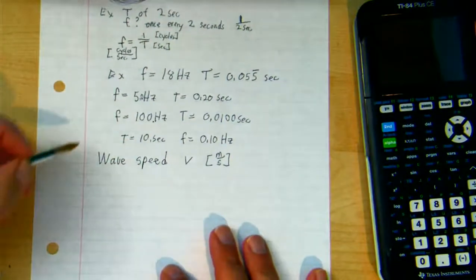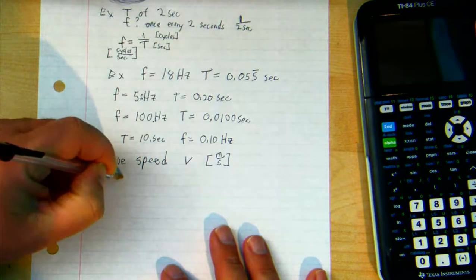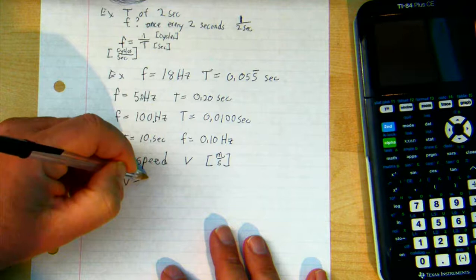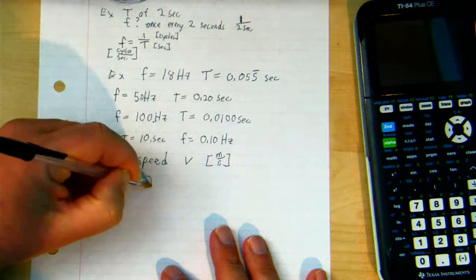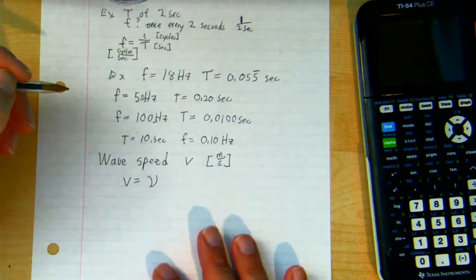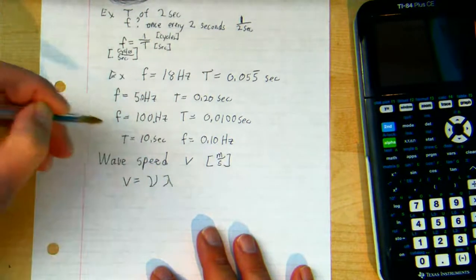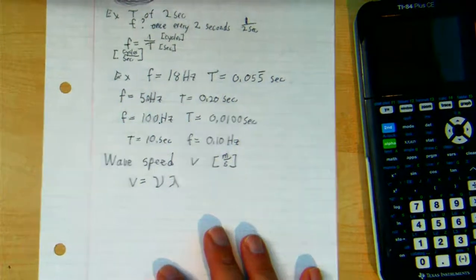Now, this wave speed is the product, here's the physics formula, of the frequency, and I'm going to write it college style, times the wavelength. So there you see it as the product of two Greek letters.